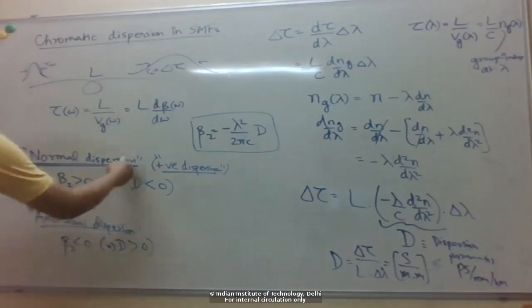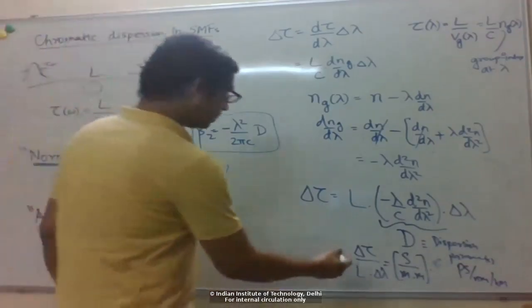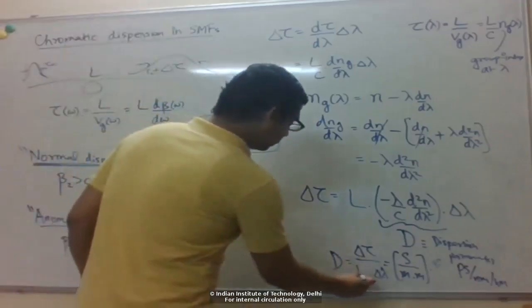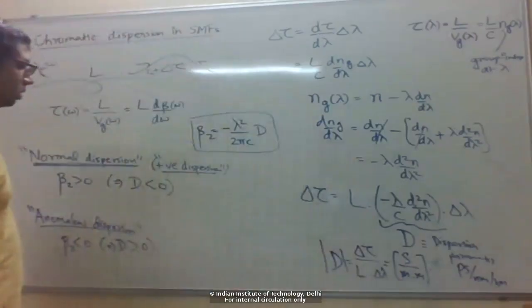Okay, so what is the difference between these two physically? What happens is that in both cases you get broadening. This is the magnitude, right?